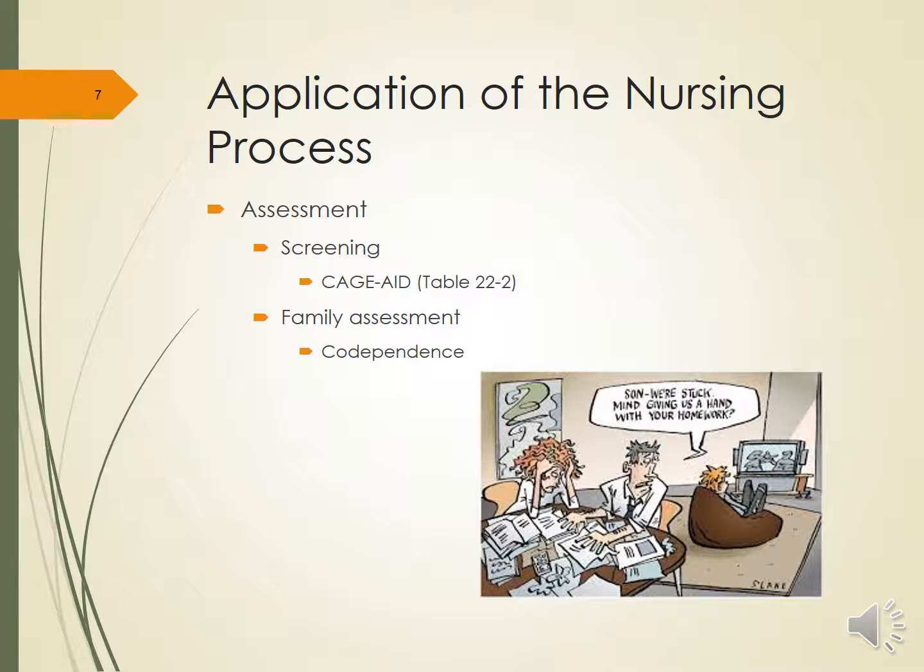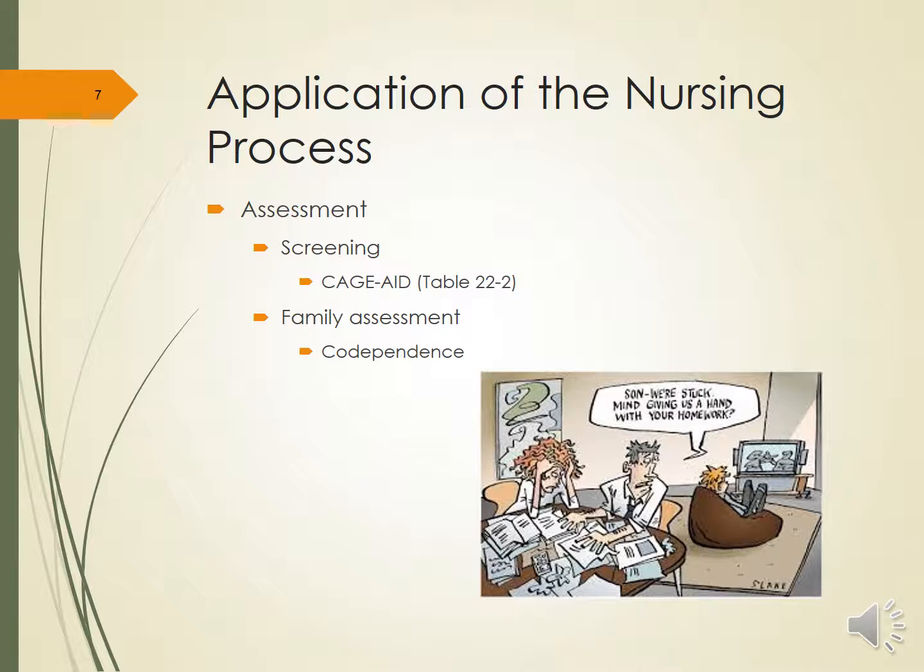When you assess a person with a substance abuse problem, you also need to look at the immediate circle of loved ones because you may have people in that circle that are enabling the patient or that are experiencing codependence. So let's make sure we know the difference between those two words.